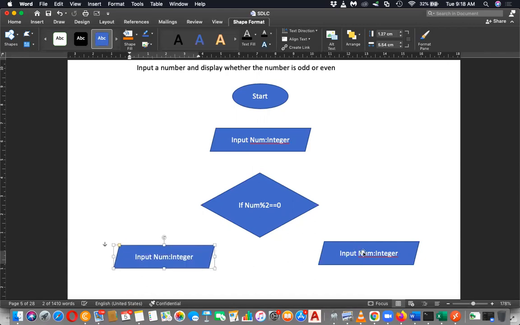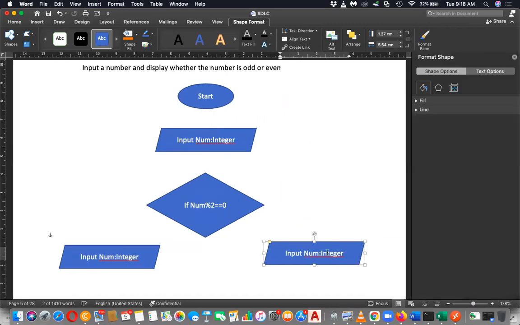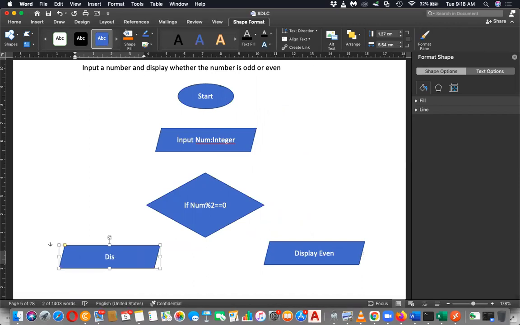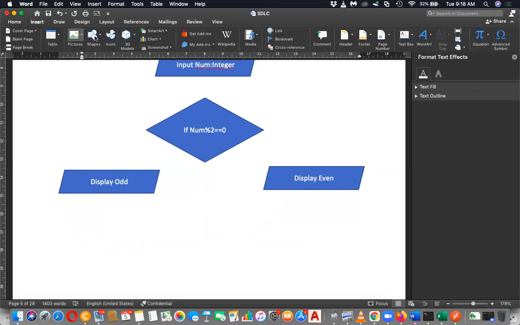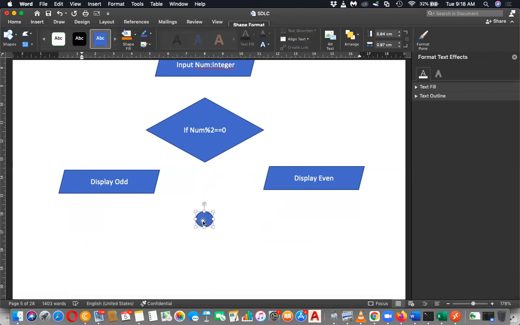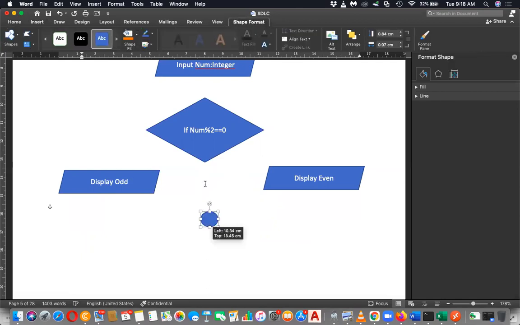So if modulus is 0, then you have to display even, and here you have to display odd. Also you have to combine this using a connector. I think yes, we discussed, but anyway, just do it again. You have to combine this using a connector, and then you can stop.